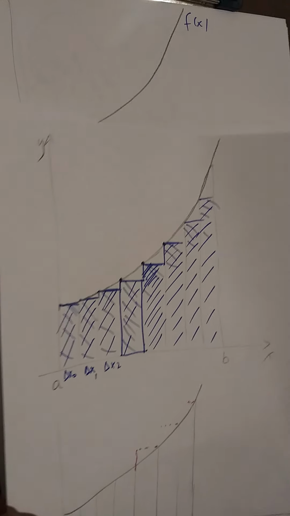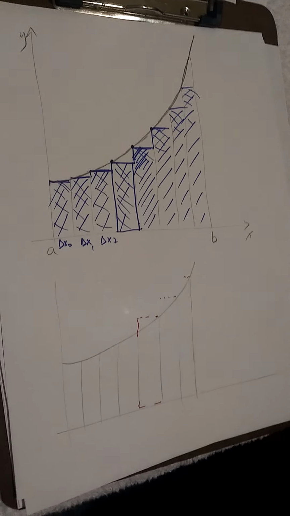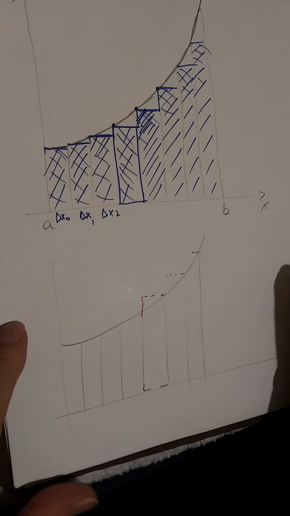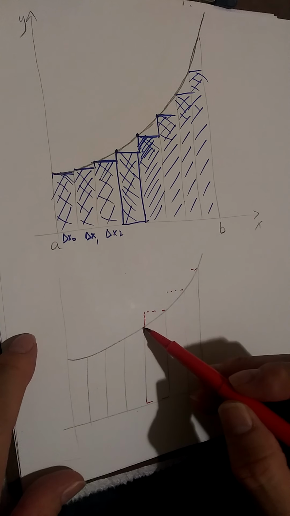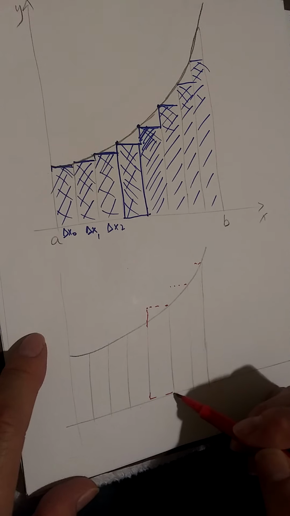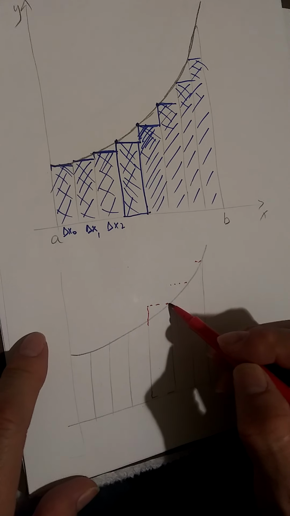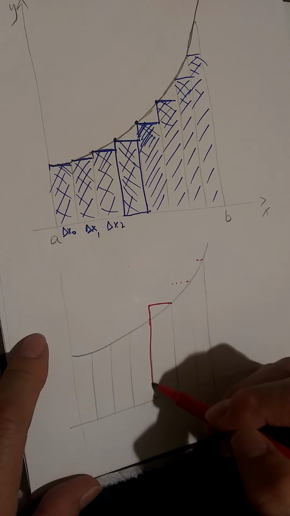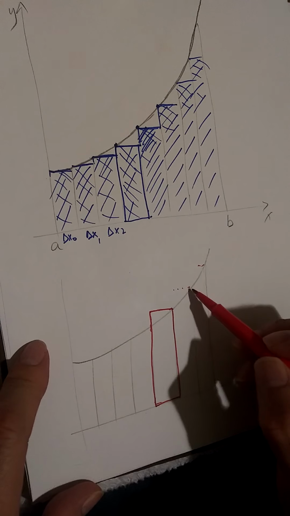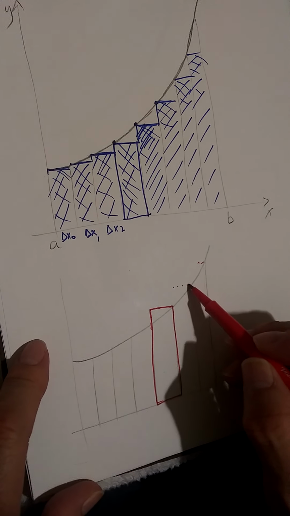Or we could also draw rectangles by picking the highest point in the rectangle. So for example, if you're finding the area of this slice, you draw a rectangle that goes as high as the highest point of that region. So like this. For the next slice, the height of the rectangle is not there, but it's there.